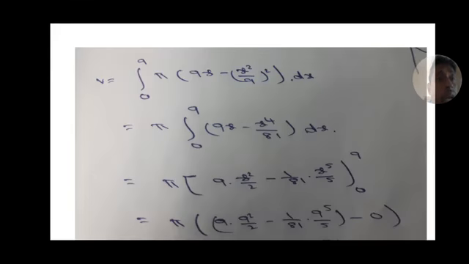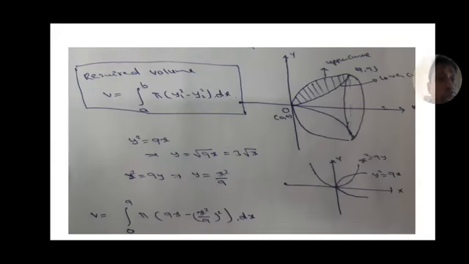Here, given revolving about x-axis, therefore it is the formula. If it is about the y-axis, then the formula becomes integration c to d pi into x1 square minus x2 square dy. We have to write y limits. Here revolving about x-axis, therefore it is the formula integration a to b pi into y1 square minus y2 square dx.